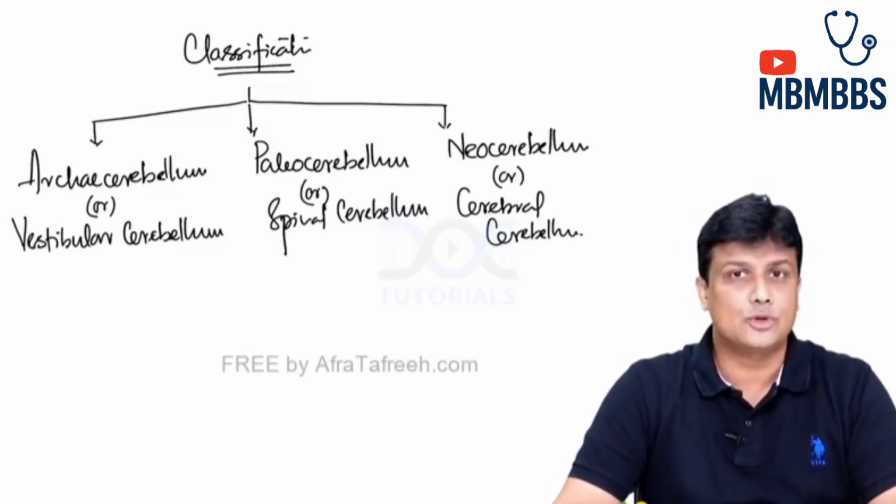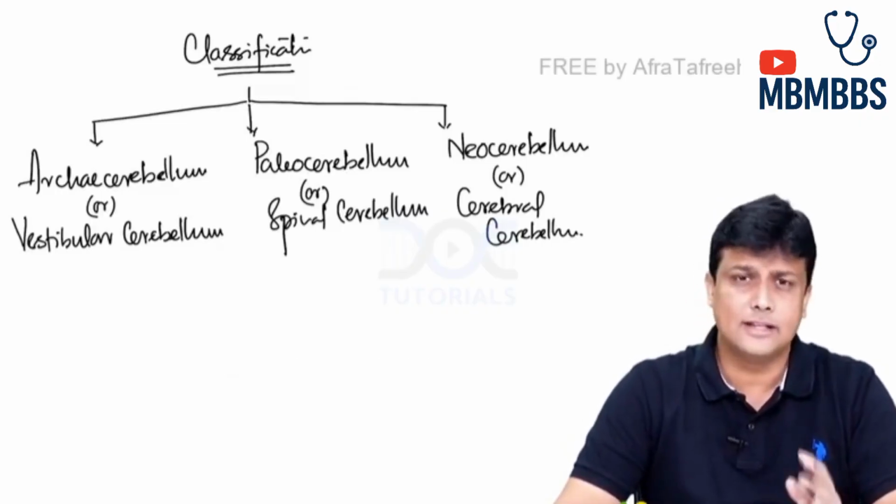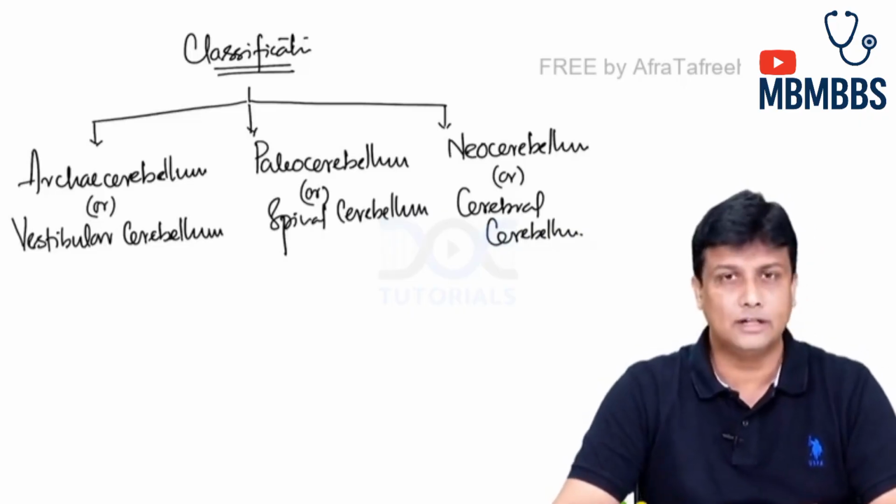The paleocerebellum is also known as the spinal cerebellum. And then finally, the neocerebellum is the one which is also known as the cerebral cerebellum. Neo, the advanced one. Now, once you have learned these names, done.